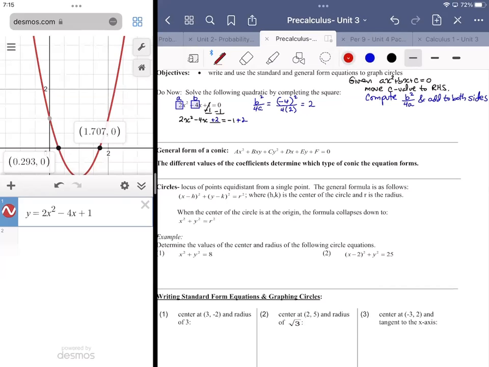The next step is to factor out the a value. Whatever the a value is on the left-hand side, factor it out. Factor out the a value from the left-hand side and simplify the right-hand side.